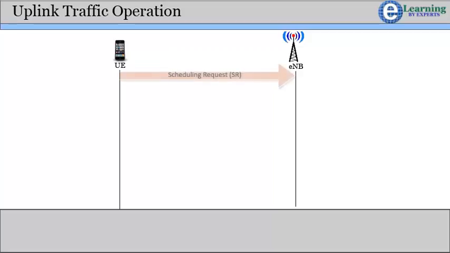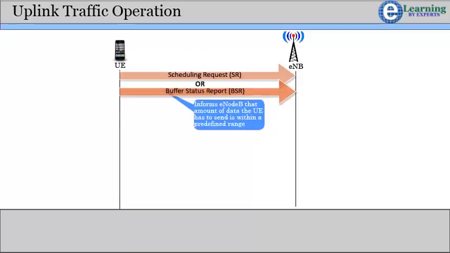Scheduling request, SR, which informs the eNode B that the UE has an unspecified amount of data to send. Buffer status report, BSR, which informs the eNode B that the amount of data the UE has to send is within a predefined range.